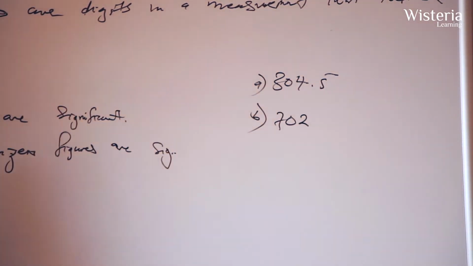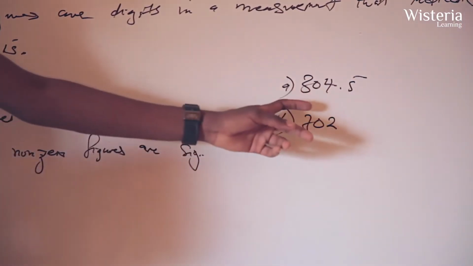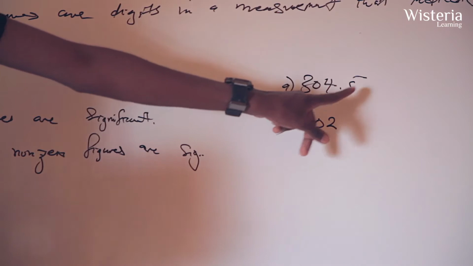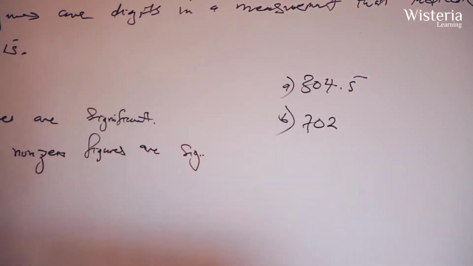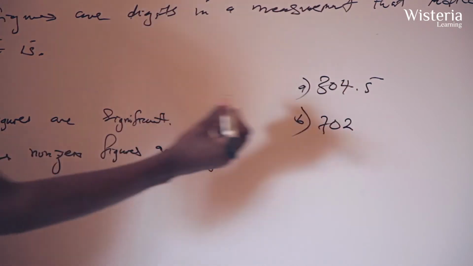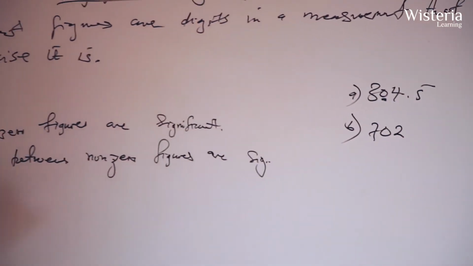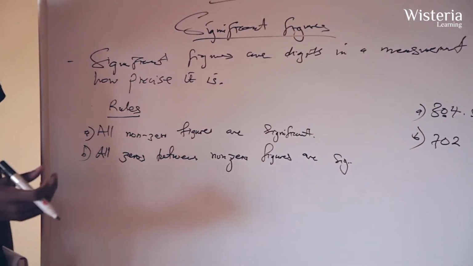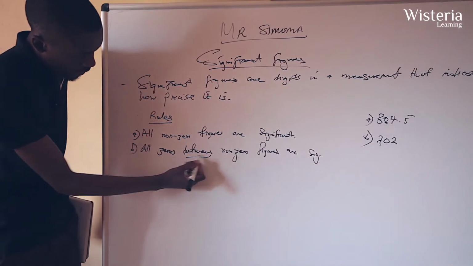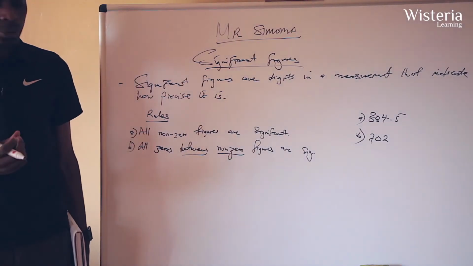If you look at these two measurements, the first measurement says 304.5, and in this measurement we have a zero that is between the 3 and the 4. According to this rule, if there is a zero between non-zero figures, then that zero becomes important.